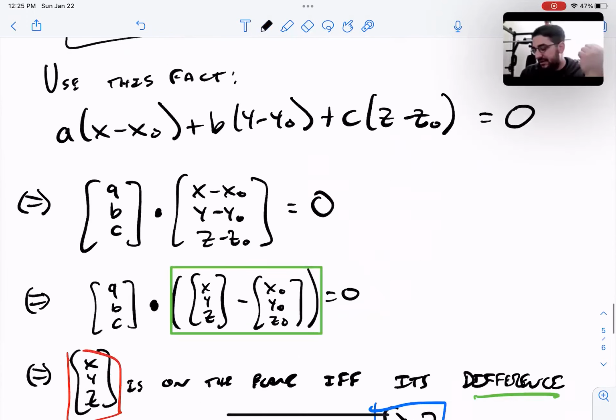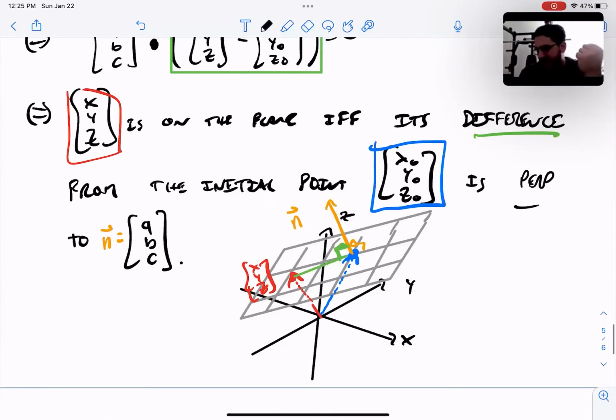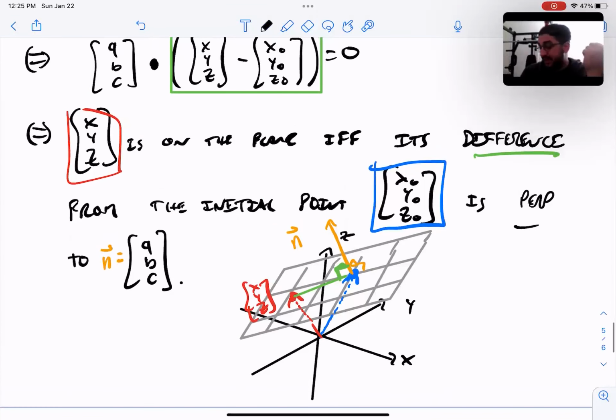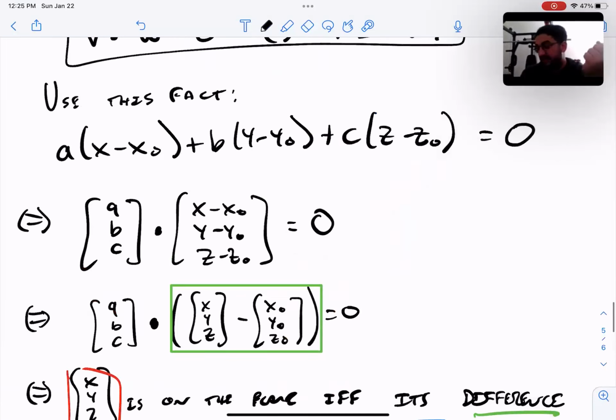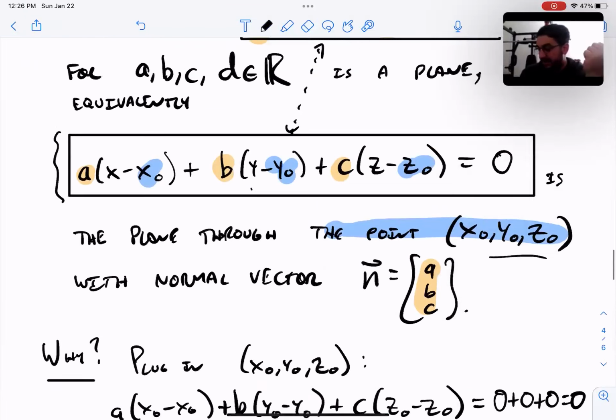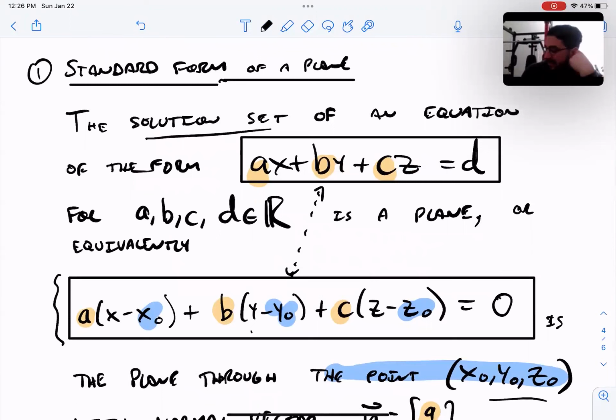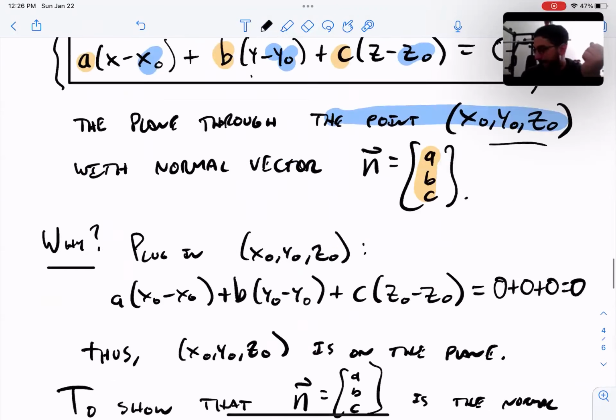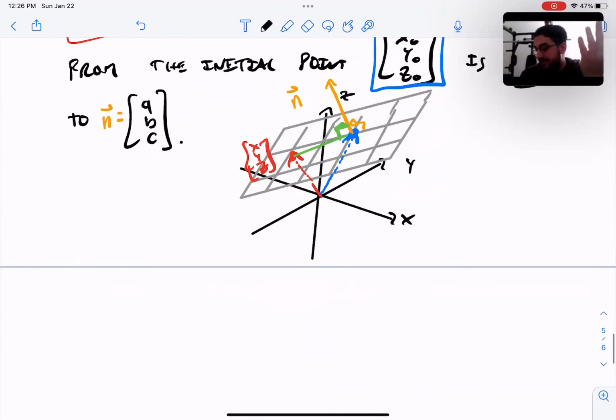So there we have a really nice characterization of a plane using a standard form equation. You can describe it geometrically, probably most easily in this form, but then with that little bit of algebra we talked about before, you could toss it in this other form. So that's one way that you can describe a plane.